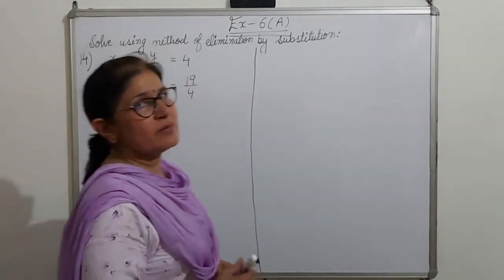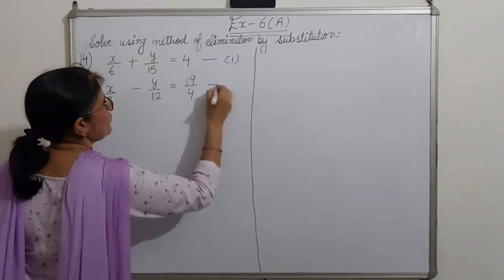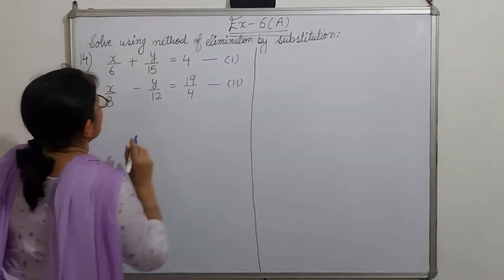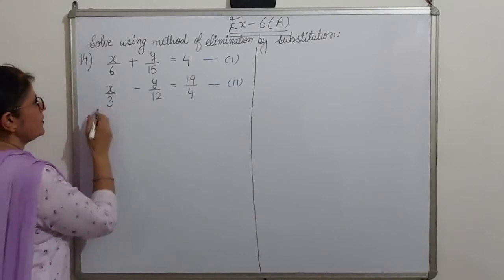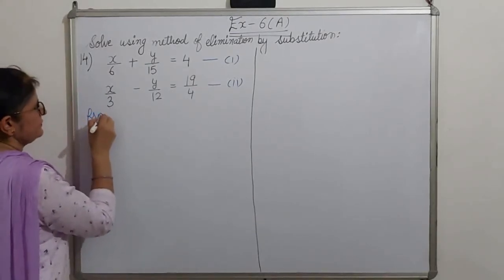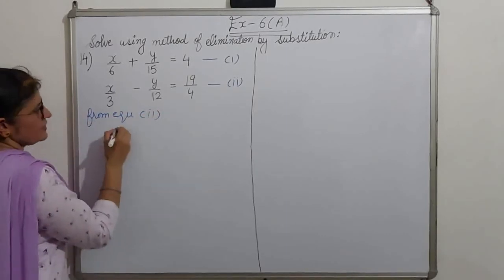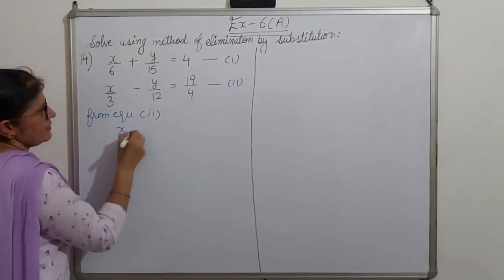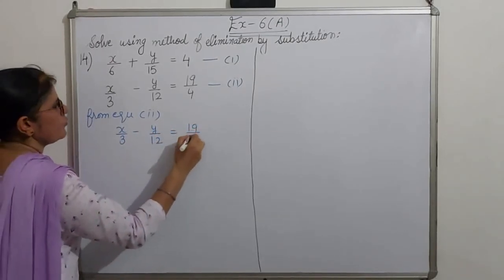Now, question number 14. First of all, we number them as equation 1 and 2. We can take equation first or equation second, it is up to you. From equation second, x over 3 minus y over 12 is 19 over 4.